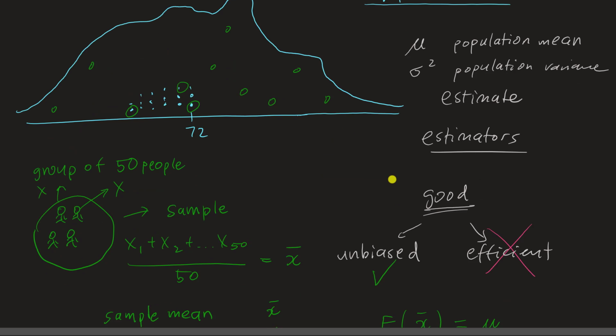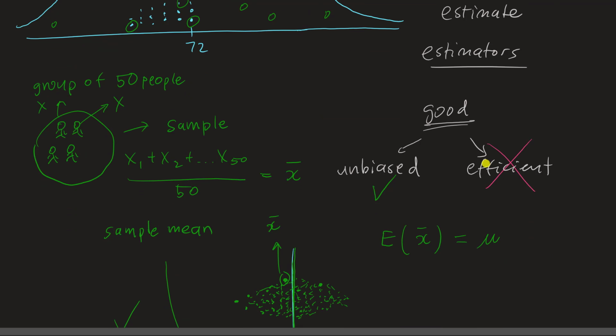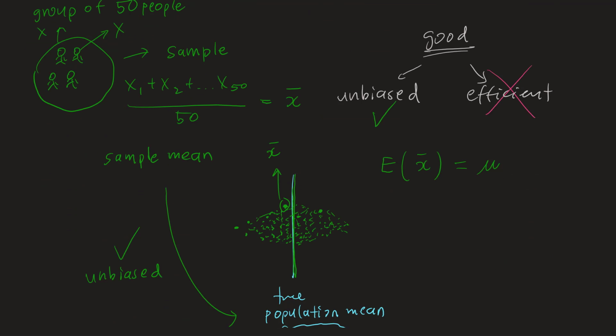We use sample mean to estimate population mean because it is both unbiased and efficient. So how do you know whether an estimator of the parameter is biased or not? Is you go and find out what is the expectation of that particular estimator. If it lines up with the true population parameters, then we say that it is unbiased. As you can see, sample mean here is unbiased because the expectation of sample mean lines up with the true population mean.